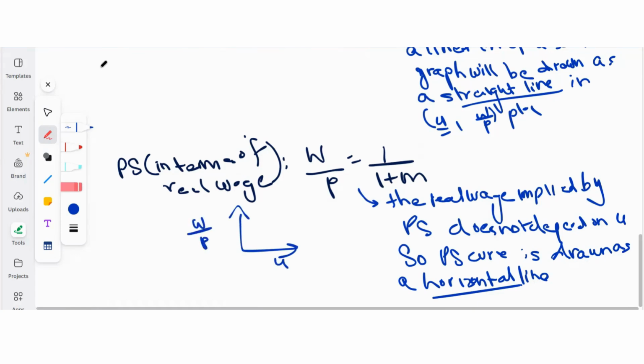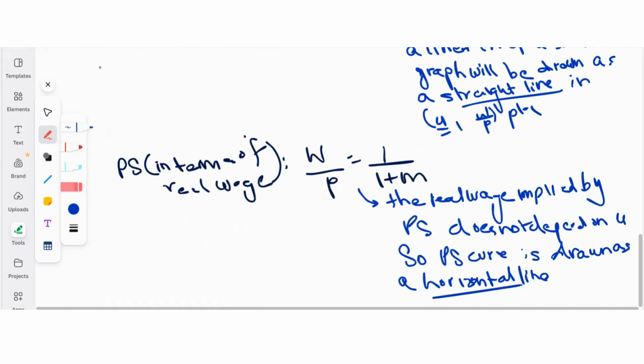The real wage implied by price setting does not depend upon U. Regardless of whatever U is, the real wage implied by price setting remains at 1/(1+μ). So we draw it as a horizontal line.